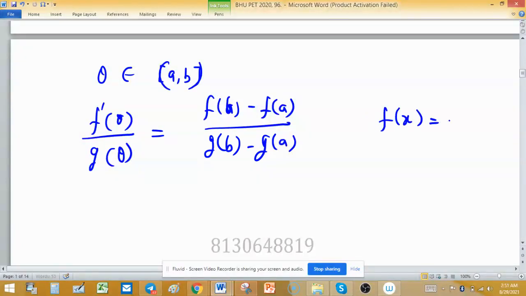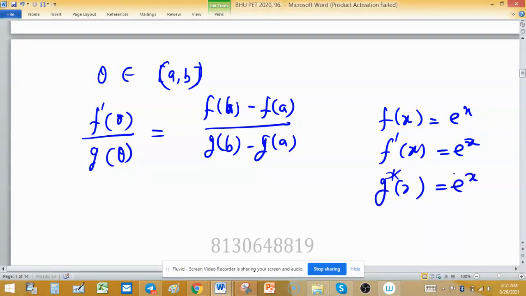As function f(x) equal to e raised to the power x, f dash x will be e raised to the power x, the same, meaning the exponential function has the same derivative. If g(x) equal to e raised to the power minus x, then g dash x will be minus e raised to the power minus x.